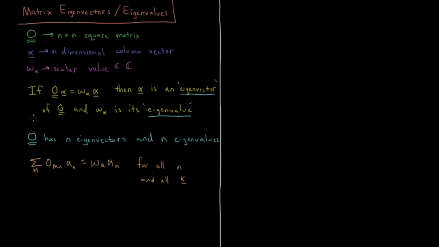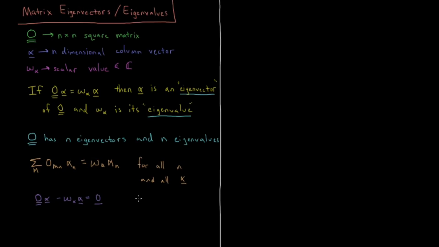So what can we write in terms of a matrix equation for trying to solve what these eigenvectors and eigenvalues are? If this equation is true, we have O times alpha minus omega alpha times alpha is equal to a zero vector.